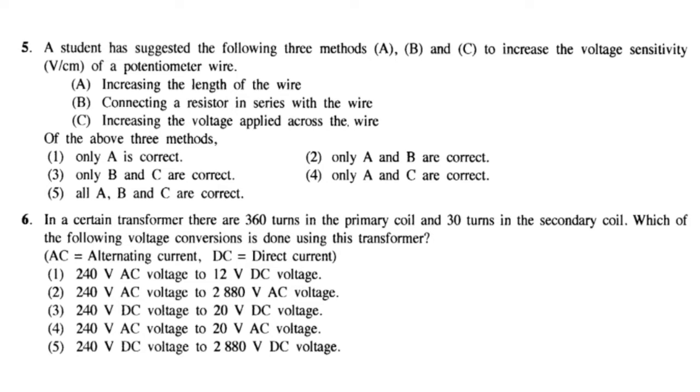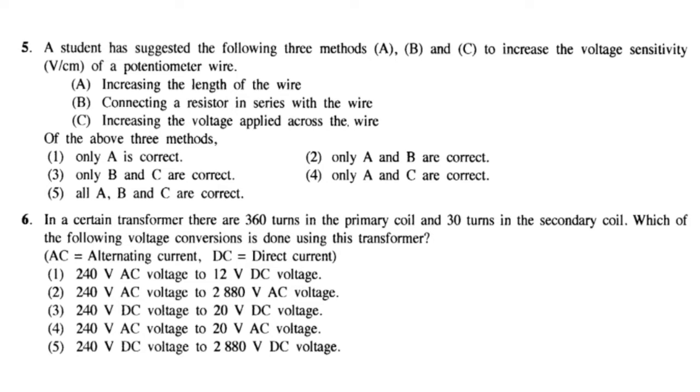The sensitivity of the potentiometer wire depends on the potential drop per unit length of the wire. To increase the sensitivity, we have to decrease the potential drop per unit length of the wire. Potential drop per unit length is potential difference across the wire divided by the length of the wire.